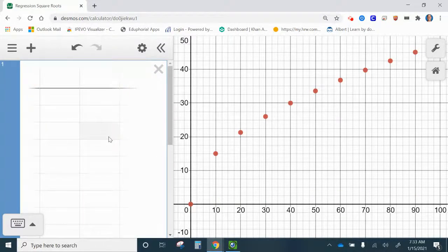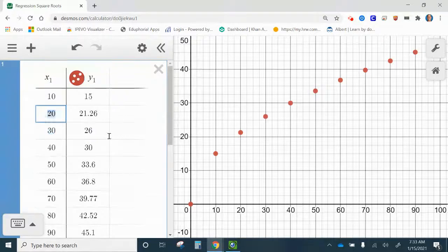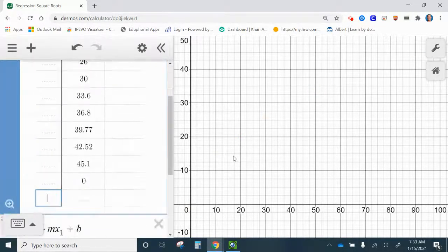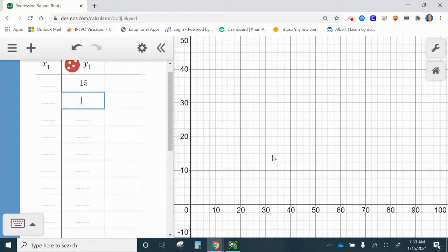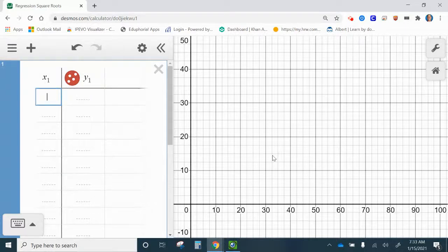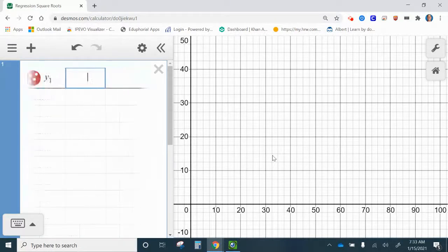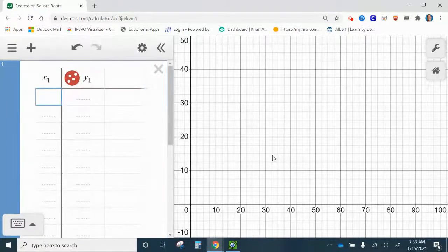Then we need to delete these values, and delete these values. Now let's put in the values from the table.